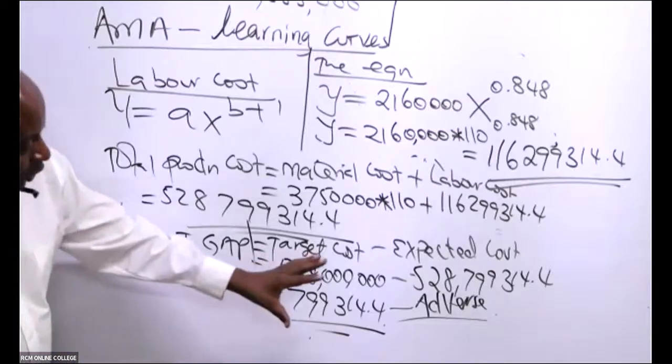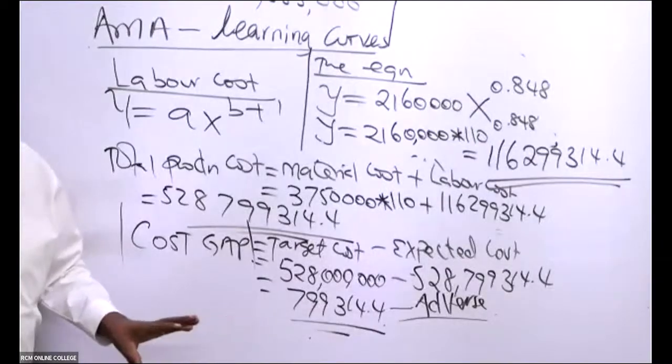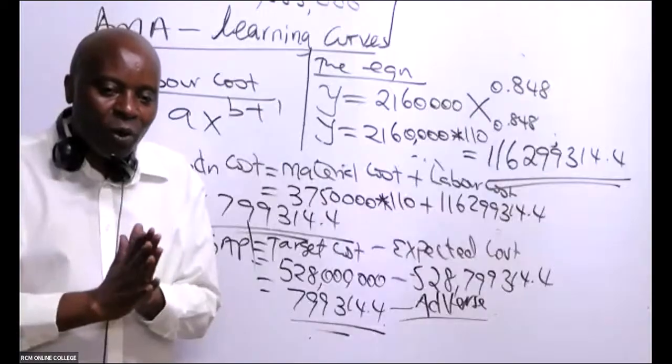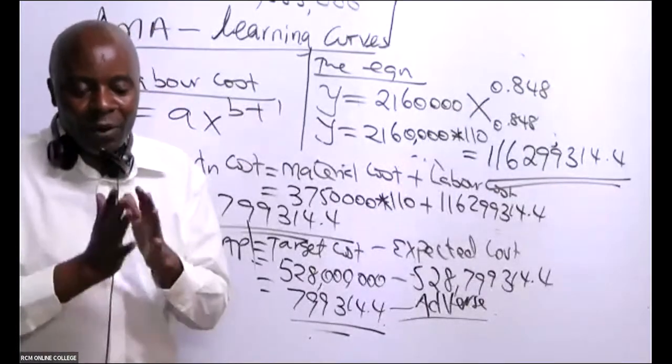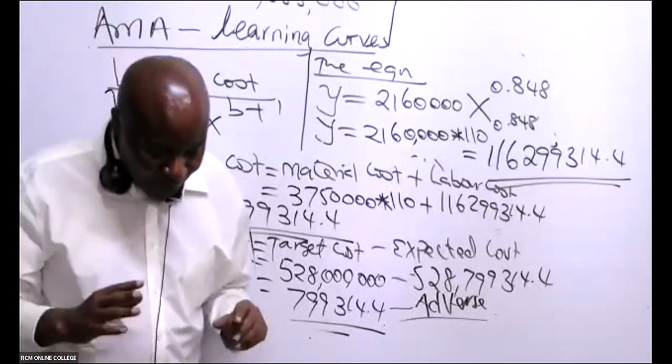That's what I wrote. I don't know whether mine is wrong. Yeah, that's okay. So this is an adverse variance because we have an overshoot. If it was below the target cost, that would have been very good for us. But now this is over and above, so we're not doing very well.